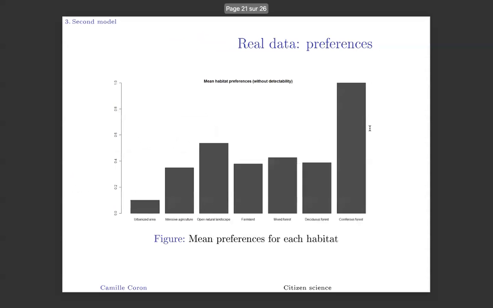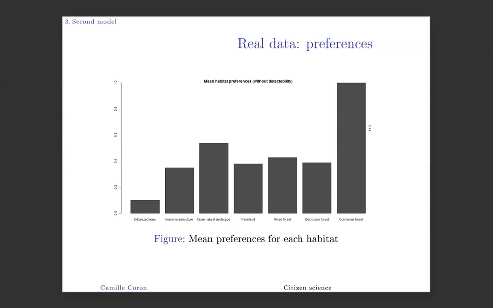However, a byproduct of our work is that we can give the preferences of each species for each habitat. Here I give the mean preferences over all species for the different types of habitats. Here, for instance, is the urbanized area. So you see that this is not the place that is preferred by birds.